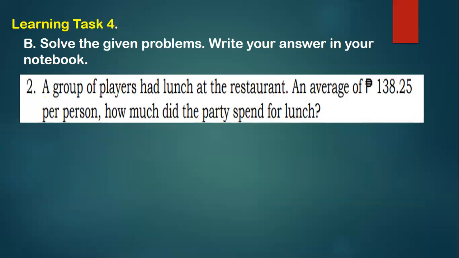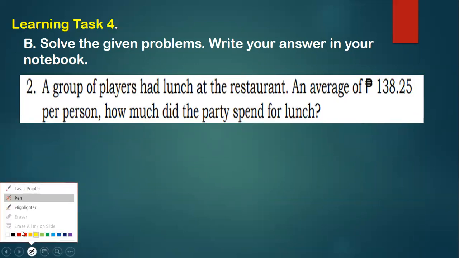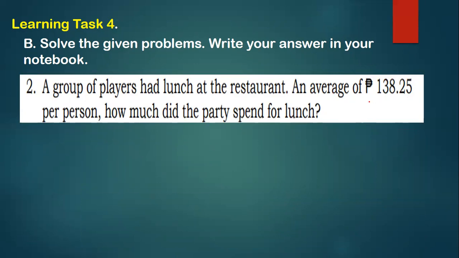Letter B tayo, number 2. A group of players had lunch at a restaurant and an average of 138 and 25 per person. How much did the party spend for the lunch? So ito, medyo may problema tayo sa problem na to. Kasi nilagay dyan, merong group ng players daw na kumain sa isang restaurant. Ang average ay 138 and 25 per tao ang babayaran.